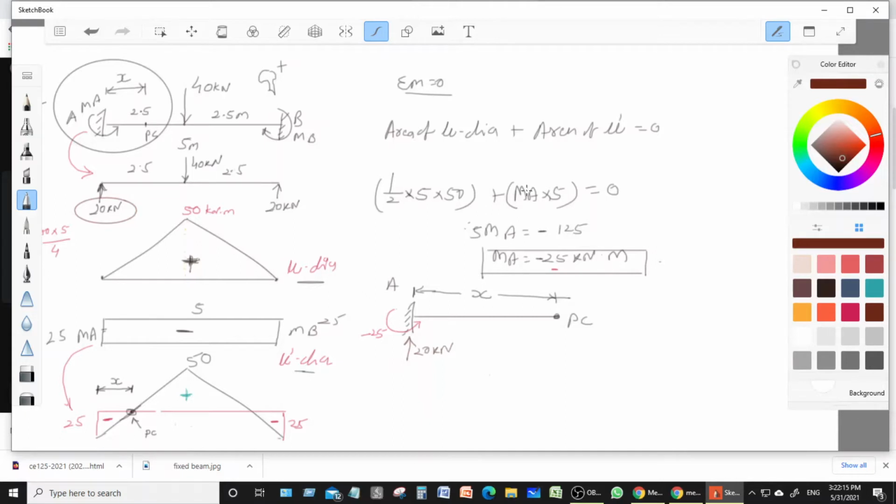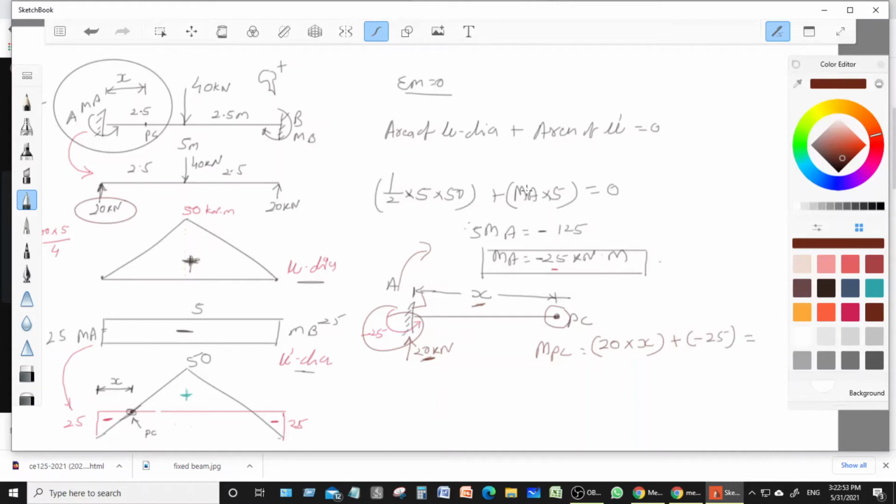If we take the moment with reference to this point PC, the moment will be the force RA into the perpendicular distance, that is 20x. That is a clockwise moment, so we consider it positive. At the same place you have the negative moment, so you sum them: 20x minus 25.